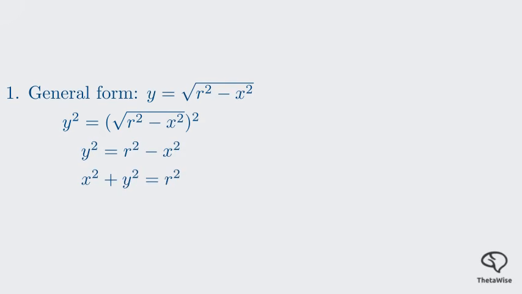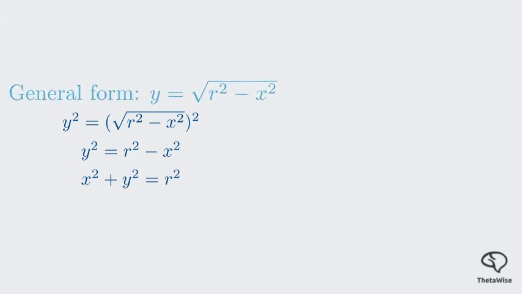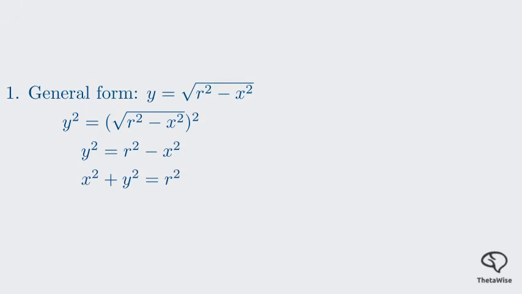This is the standard equation for a circle centered at the origin with a radius of r, but our original equation was y equals the positive square root. This means the value of y must always be 0 or positive. It cannot be negative. Visually, what this means is that we only get the upper half of the circle. This is because every point on the graph must have a positive y coordinate.